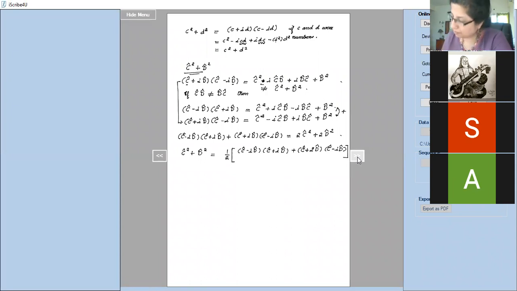We can go further and write it as C minus iD by root 2 into C plus iD by root 2 plus C plus iD by root 2 into C minus iD by root 2. Okay? Now we'll do one thing.